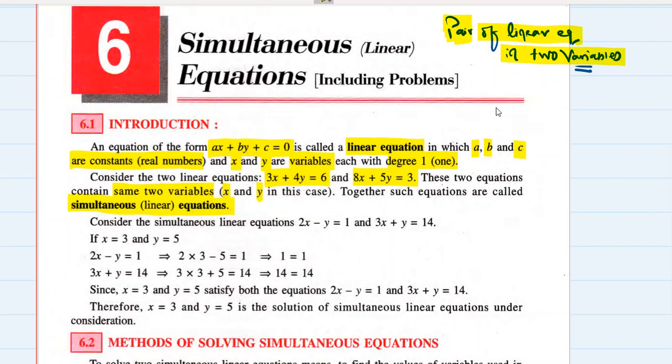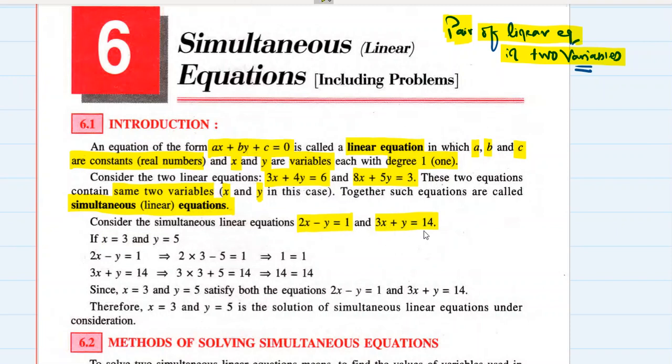That's what we have to study in this chapter. For example, 2x minus y is equal to 1, 3x plus y is equal to 14. These are the examples. This is one more example of pair of linear equation in two variables.